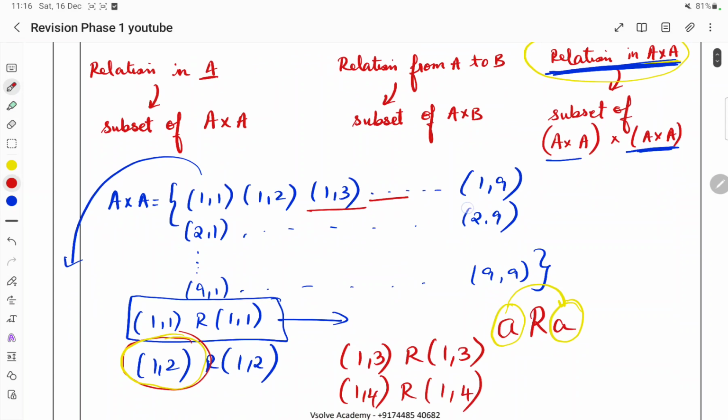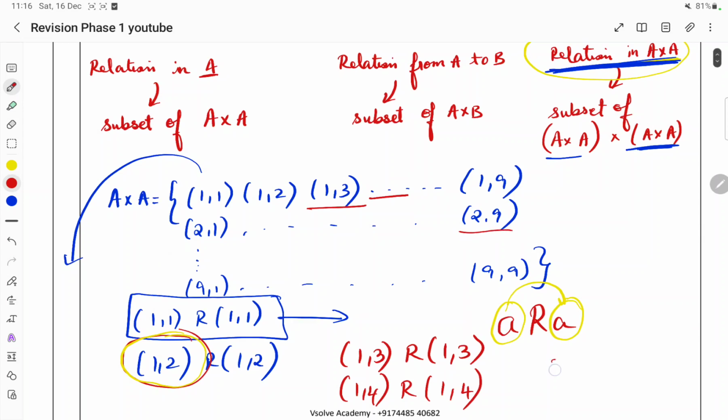Reflexive is nothing but whatever element I take from A cross A, it should be related to itself. So if I take (2, 9), then (2, 9) should be related with (2, 9). Each and every element in the set A cross A should be related to itself. If it is like this, then we call that relation reflexive.